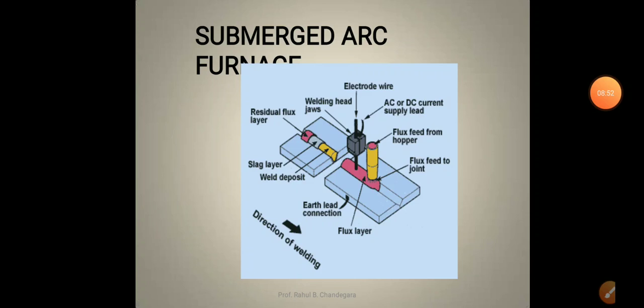An application of arc heating is also arc welding. In that there are two parts: the electrode and the welding head, and we can give AC or DC current supplied to the lead. So at that point we can weld immediately by using the arc heating method.